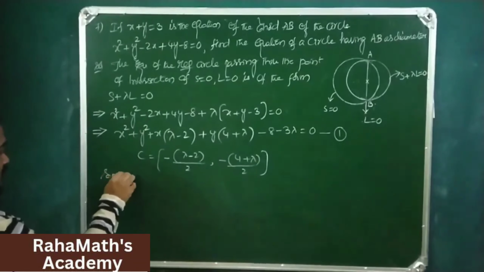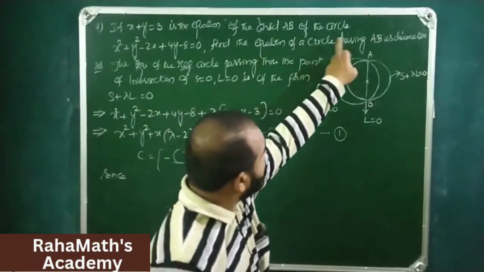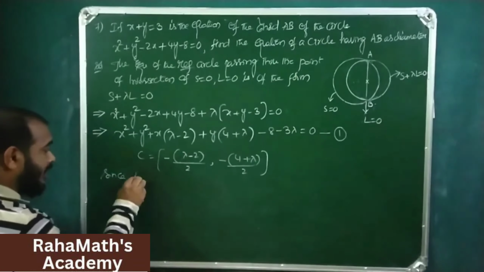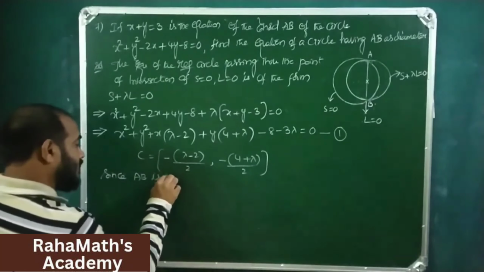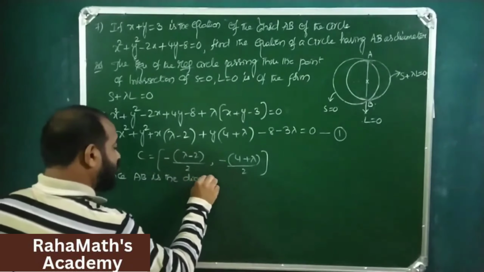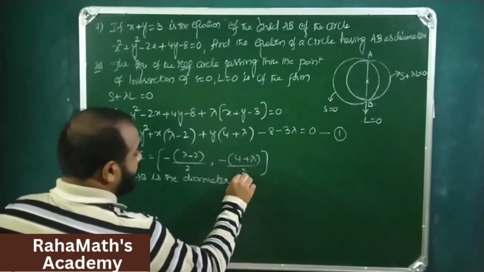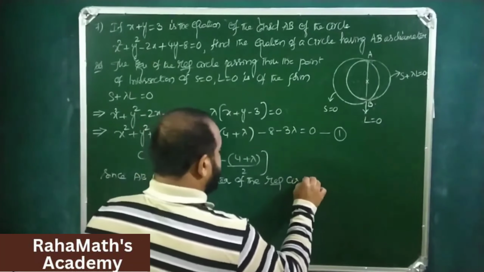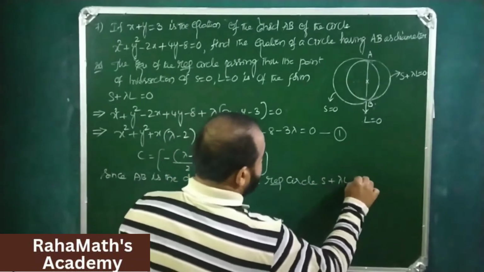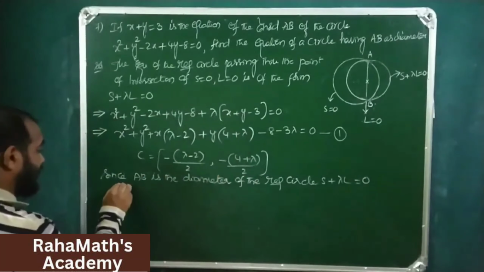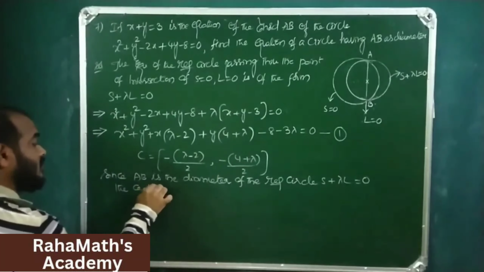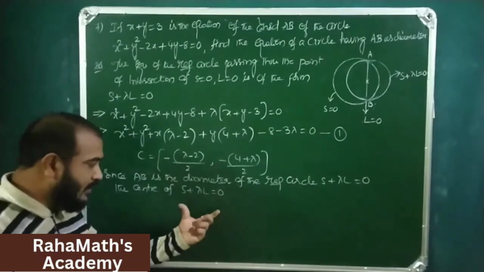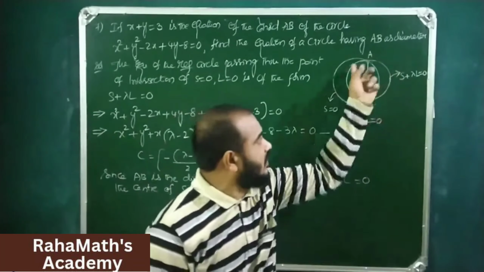Since I want the equation of a circle having AB as a diameter, since AB is the diameter of the required circle S plus lambda L equals to 0, the center of the circle S plus lambda L equals to 0 is also a circle, this circle.